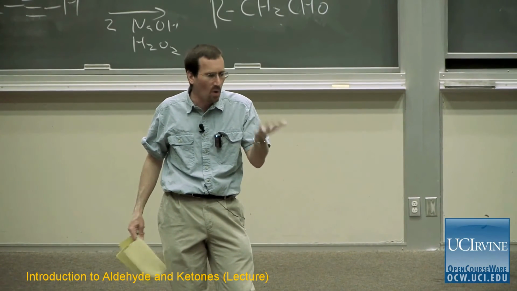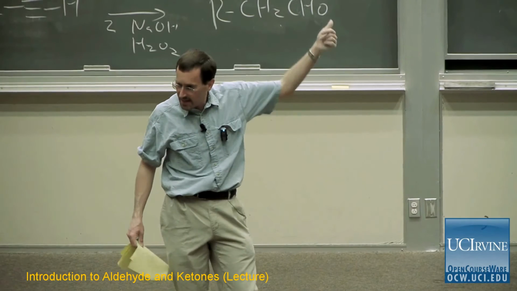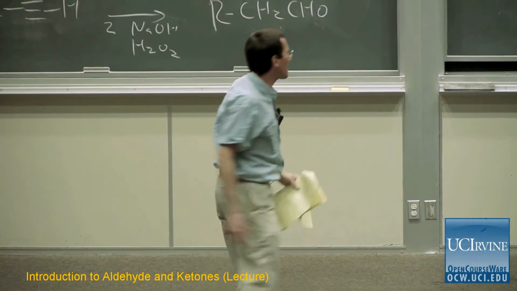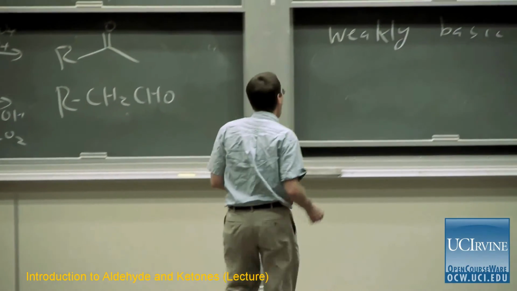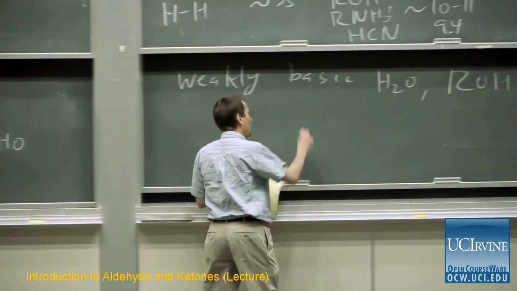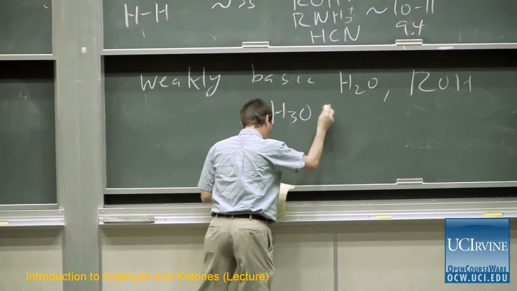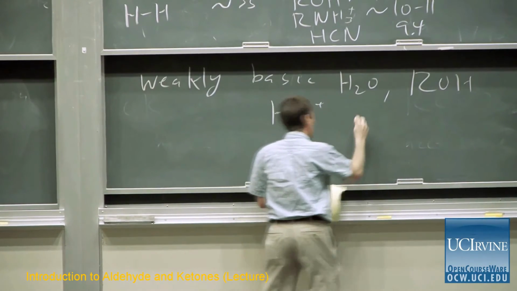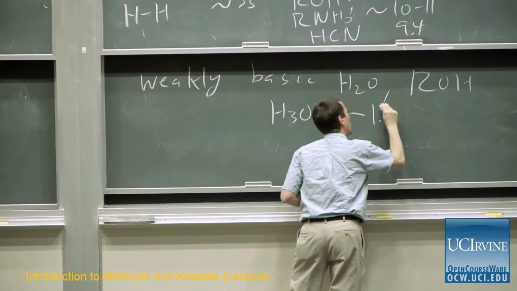If I'm thinking about water as a base, not as an acid, as we just did, I need to think of the conjugate acid of water, the hydronium ion, H3O+. The pKa of the hydronium ion is negative 1.7.